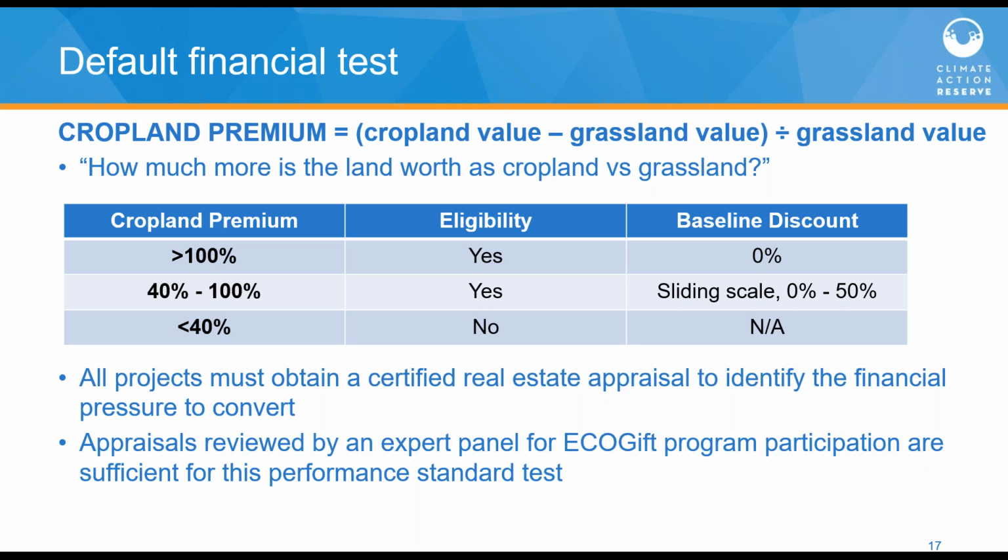And that gives you a percentage. So for example, a 100% cropland premium essentially means that the land is worth twice as much as cropland as it is as grassland. Now, the way this works, these thresholds are set at 40% and then another threshold at 100%. So a cropland premium below 40% is ineligible as a project.